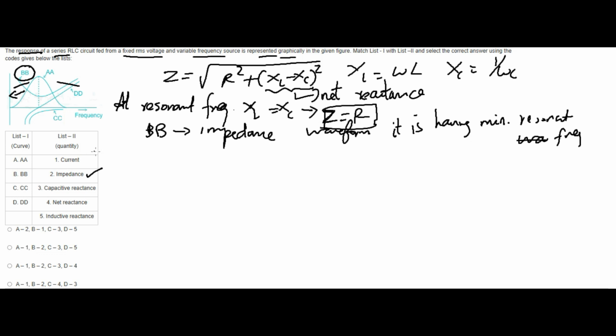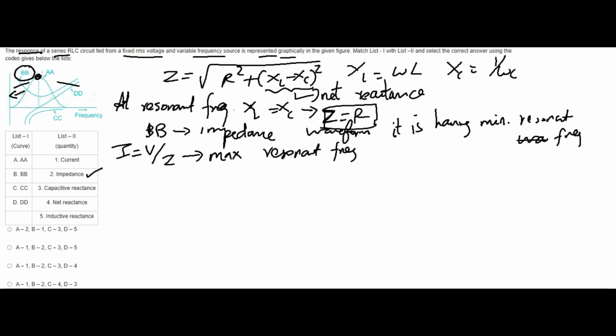Now next one. You know that I is equal to V by R, and because R is equal to Z, you can write V by Z. So the current is maximum at the resonant frequency. At the resonant frequency, XL is equal to XC, so the current will be very, very maximum. Here this is the maximum point, and this is the minimum.